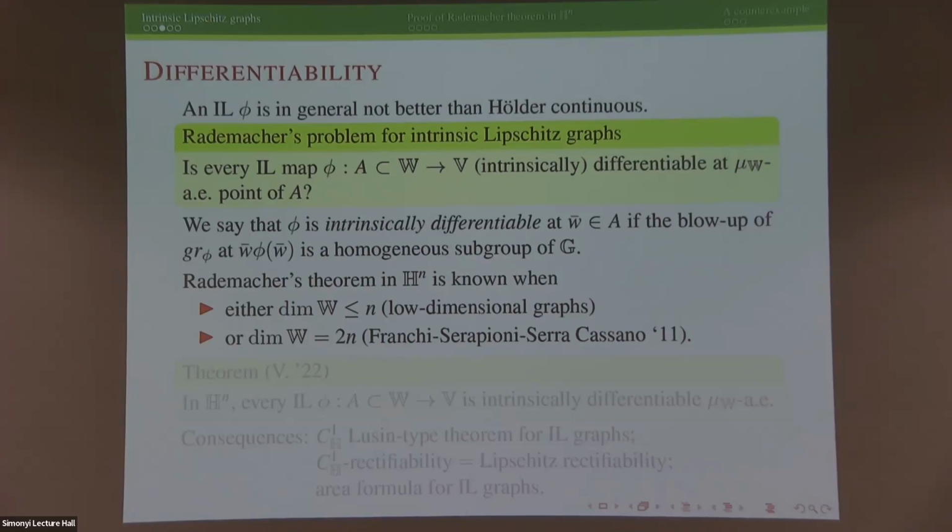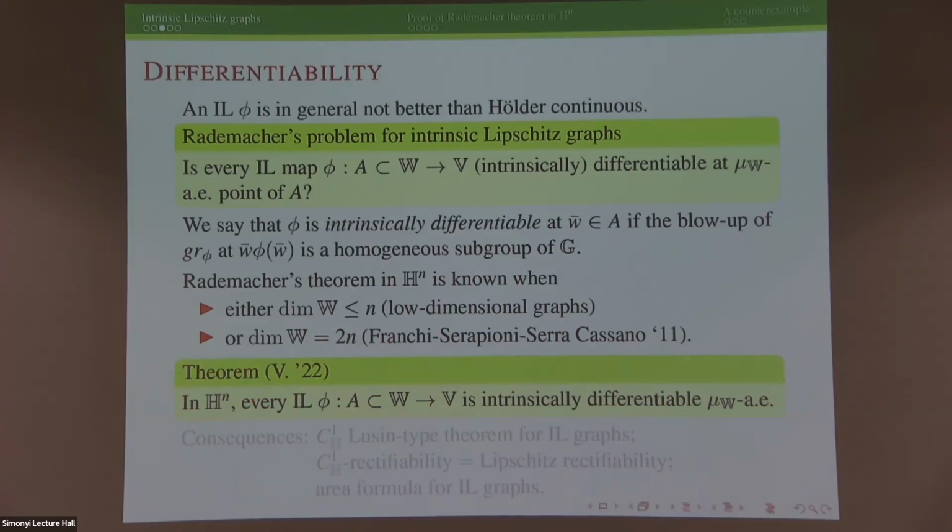And for sets with finite intrinsic perimeter, there is a rectifiability theorem that you can exploit in order to get Rademacher only in this case of codimension 1. So what I did is prove Rademacher theorem in the general case.